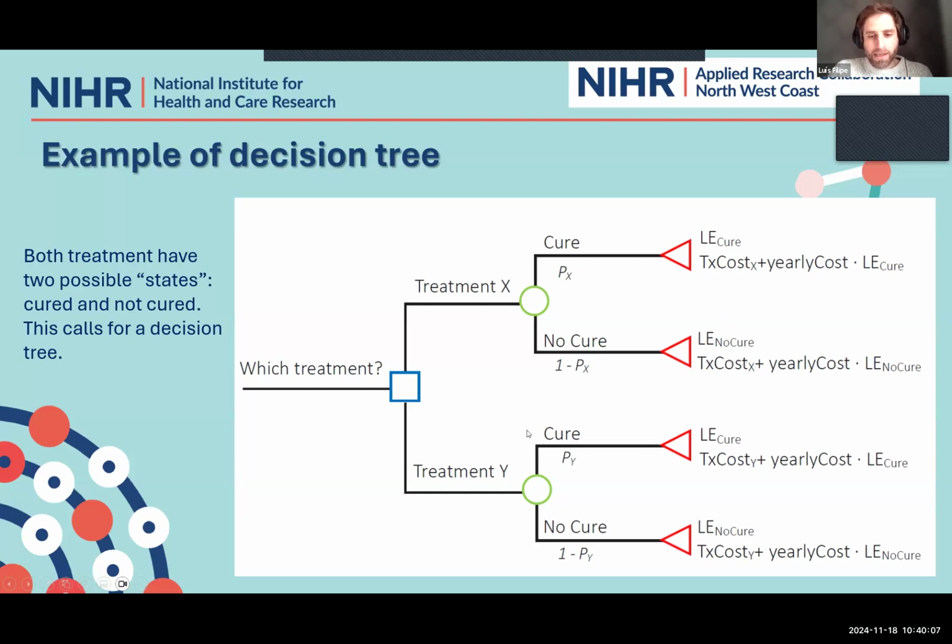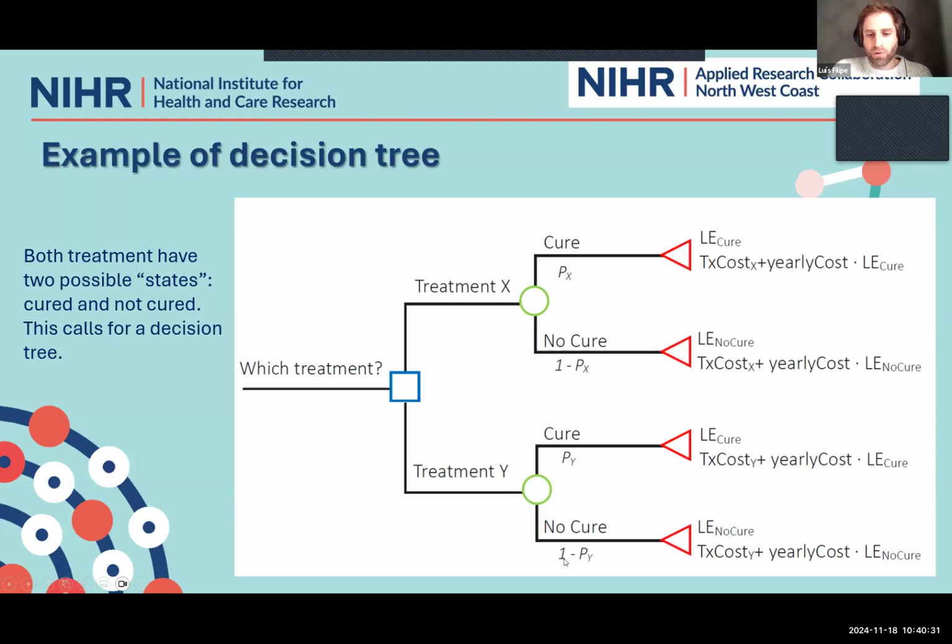And then treatment Y is exactly the same. It's just that the parameters are going to change. The probability of cure is going to be Py, so it can be bigger or smaller than Px, so it's another probability. And of course, the probability of not being cured is 100% minus that probability. So again, let's say in this case it is 30%.